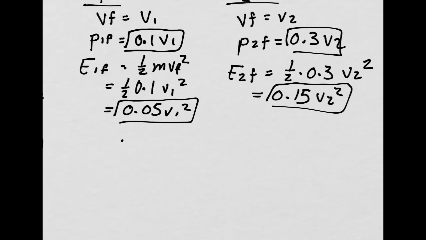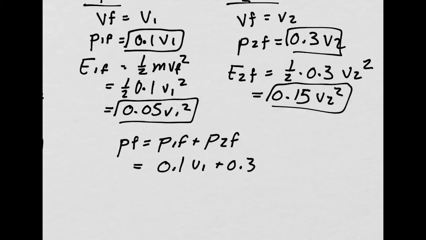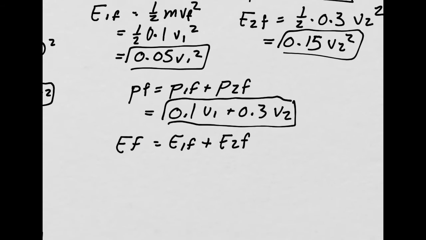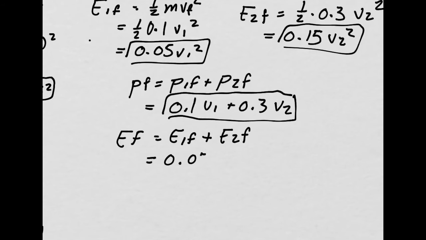So P final is P1 final plus P2 final. That is 0.1 V1 plus 0.3 V2. E final is equal to E1 final plus E2 final. And that is 0.05 V1 squared plus 0.15 V2 squared.